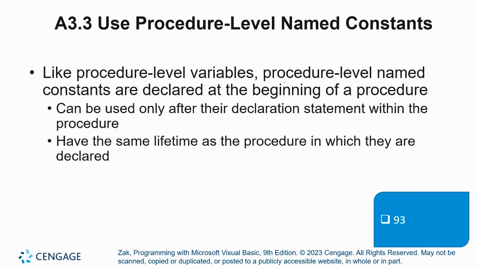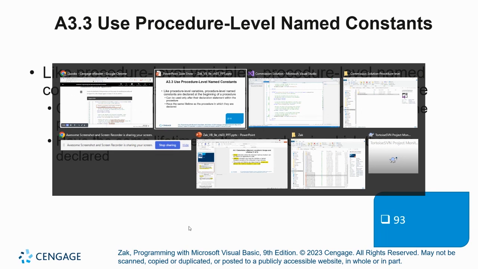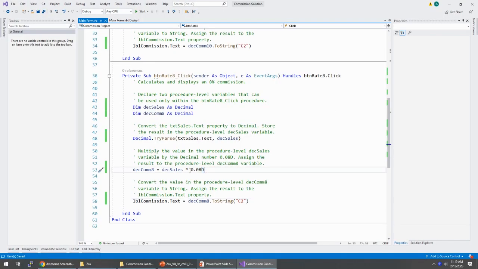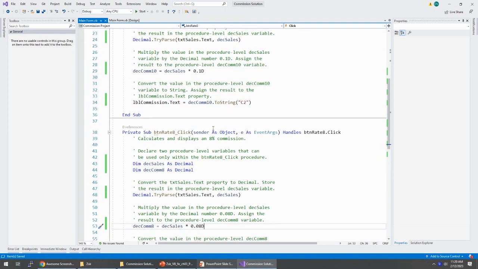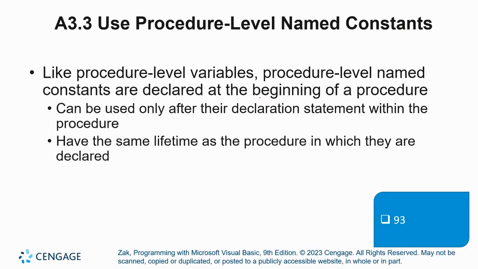All right, so there was some ugly work that we did on that, right? I'm not a fan of this, okay? Because we really shouldn't be using constant numbers down here. They should be defined as a constant towards the top of our sub procedure. And so that's what this is.